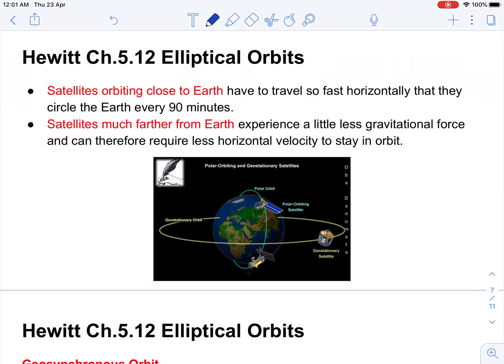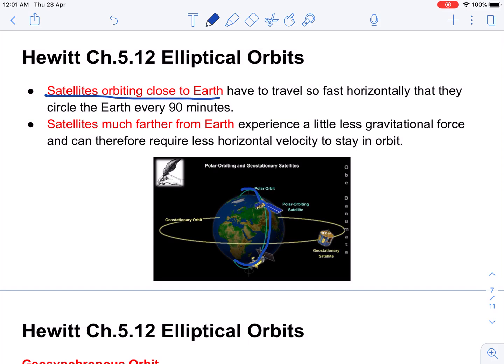satellites vary in the amount of time it takes them to orbit around the planet depending on their distance, right? Satellites that are very close to the Earth, as pictured here doing this polar orbit, have to have a very, very fast horizontal speed to ensure that they continue to fall around the planet. In fact, it's literally a matter of hours that they can rotate all of Earth.